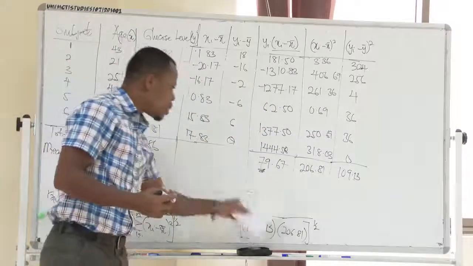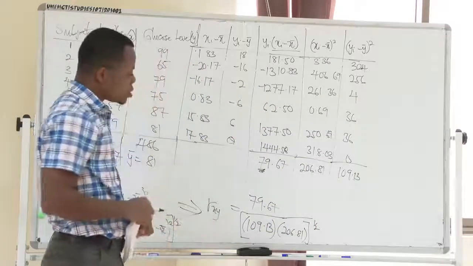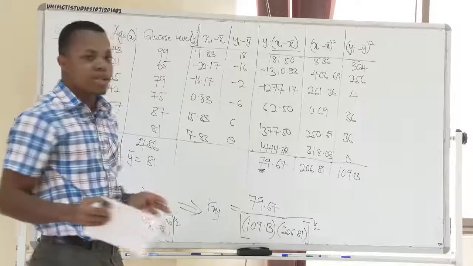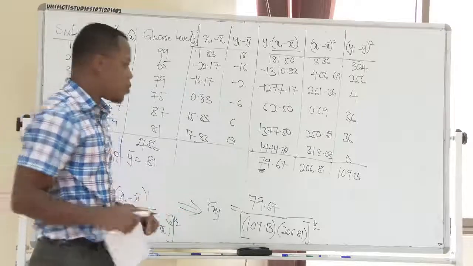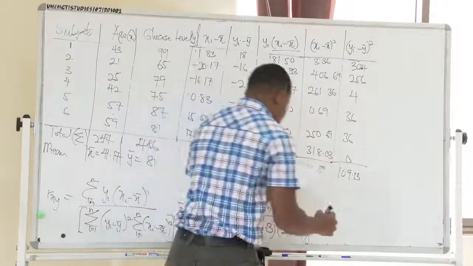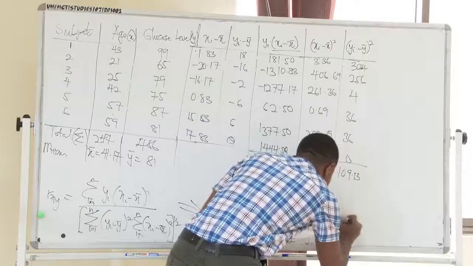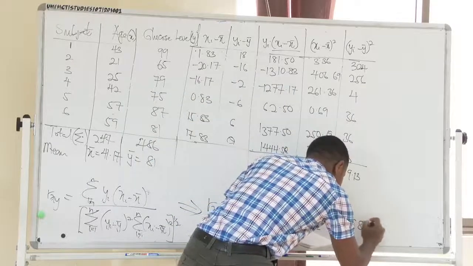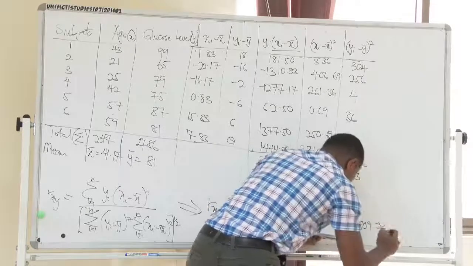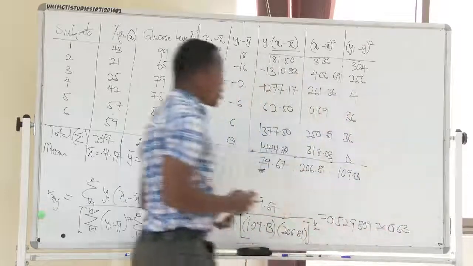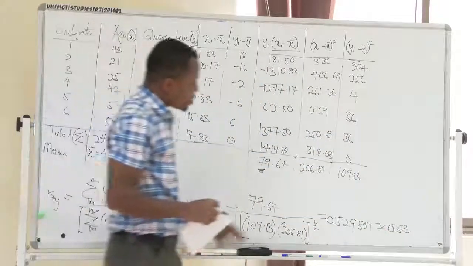Once you simplify, this is just going to give you a numeric value between negative 1 and positive 1. So this lands us at somewhere like 0.529809, which is approximately 0.53. Okay, so this is the parameter that we have.